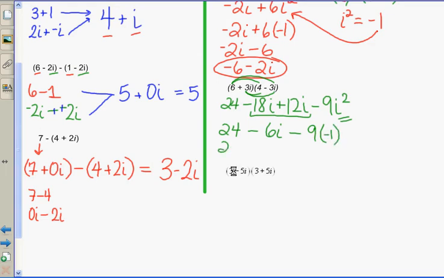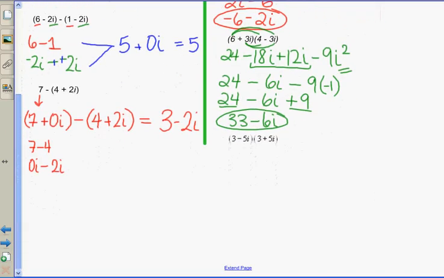So really we've got 24 minus 6i plus 9. And we've got like components there. Our real components are alike, so we need to combine them. 24 and 9 makes 33, so 33 minus 6i. So when I multiply those two complex numbers above, I get 33 minus 6i as my new complex number.